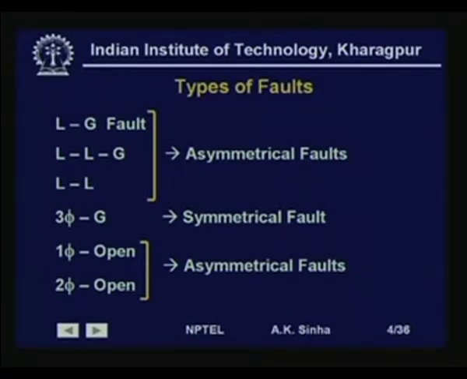Some other types of faults, which are not short circuit faults but open circuit faults, are also present, and these are single line open faults or single phase open faults, and two phase open faults or two lines open.